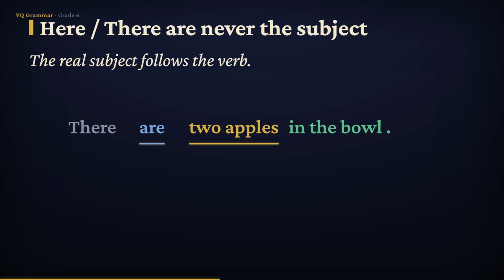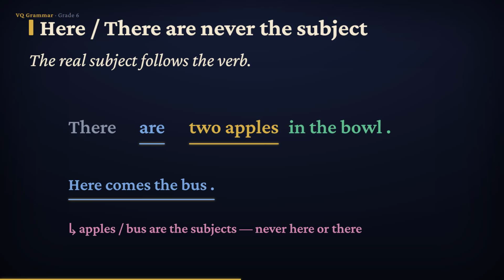The subject is apples, which is plural, so we say there are, not there is. And here's another. Here comes the bus. The subject is bus, singular, so comes is singular too. The trick is the same as before. Just look past here or there and find the real subject that follows the verb.